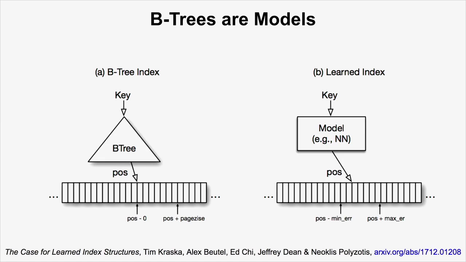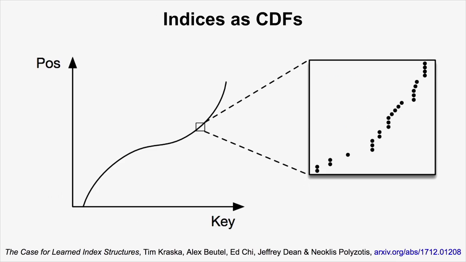And that's essentially what this work does: we replace the B tree with a small neural net that takes in keys and makes predictions of where that key is likely to fall in the sorted list of keys. So it's essentially trying to predict the position in the cumulative distribution function of that sorted list of keys, of where that key must go. And that allows you to perform the same function a B tree does.